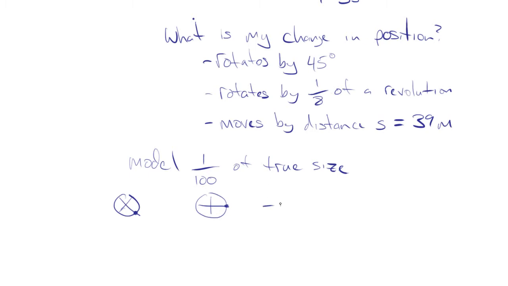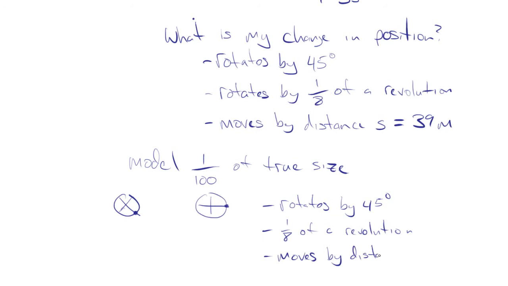I'd still say it rotates by 45 degrees. You'd still say that it rotates by 1/8 of a revolution. The only quantity that gives us any different information is the distance. That's the only thing that's different, and you'd expect something to be different because the size of the model is different.